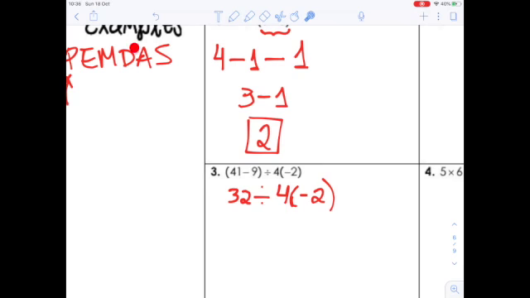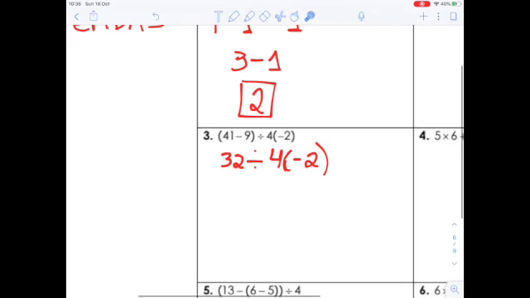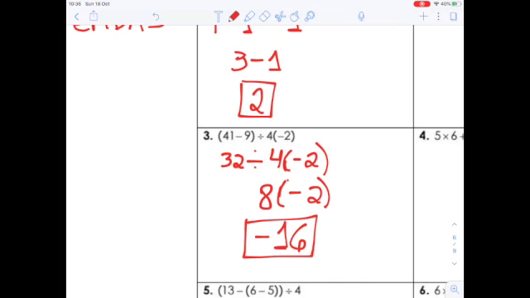Division and multiplication are equivalent operations. It doesn't matter which one we do first. So I'm going to go ahead and divide it first. 32 divided by 4, which is 8, times negative 2. 8 times negative 2, which is going to give me negative 16.